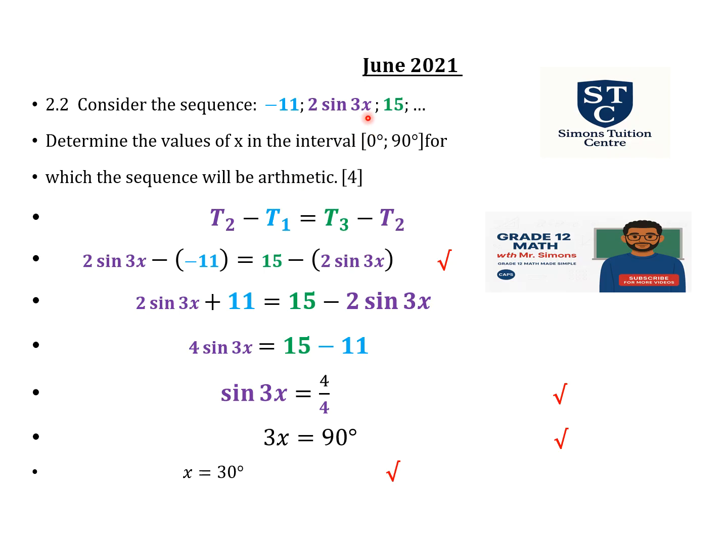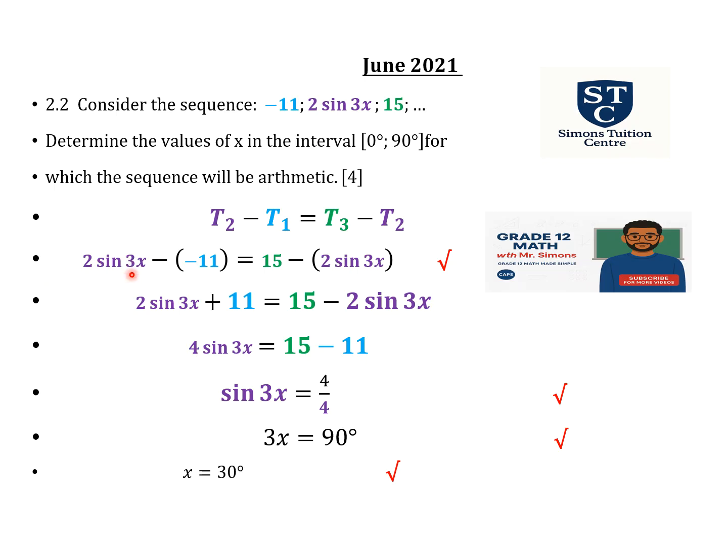So what degree value must I put in there to ensure that this stays an arithmetic sequence, meaning I'm adding or subtracting the same value. Right, so again, because they said arithmetic, term 2 minus term 1 must equal term 3 minus term 2. So 2 sine 3x minus 11 equals 15 minus 2 sine 3x in brackets.